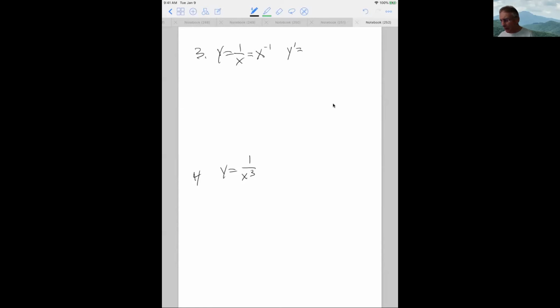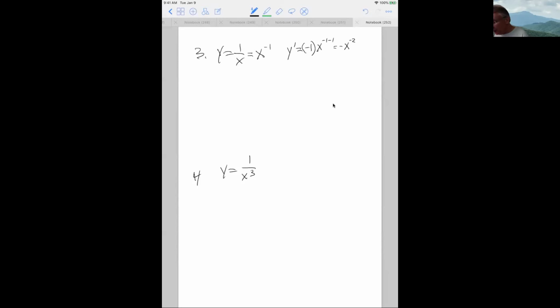At first, you may want to meticulously write down the steps. You bring the negative 1 down front, and now you subtract 1 from the exponent, so you end up with minus x to the negative 2, okay?